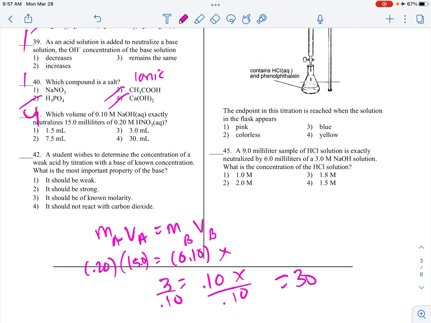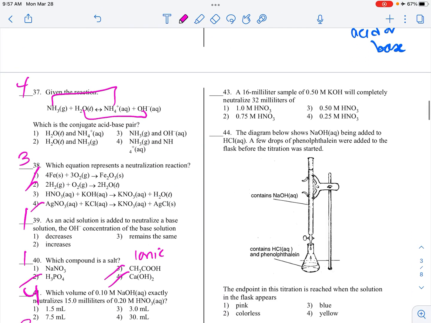A student wishes to determine the concentration of a weak acid by titration with a base of known concentration. What is the most important property of the base? It doesn't need to be weak or strong, but we do need to know its molarity in order to use this formula. Here's another titration.